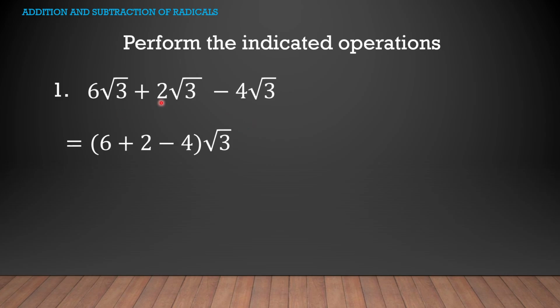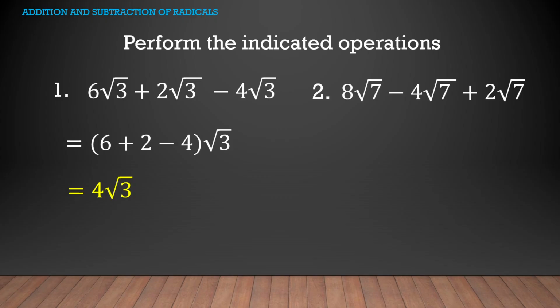So the coefficients are 6, then plus 2 minus 4. The common radical is square root of 3. Then we combine: 6 plus 2 is 8, minus 4 is 4 square root of 3.